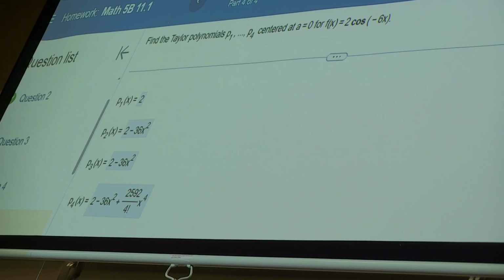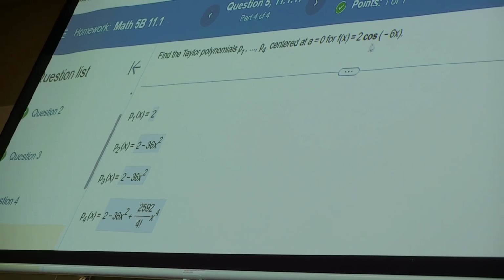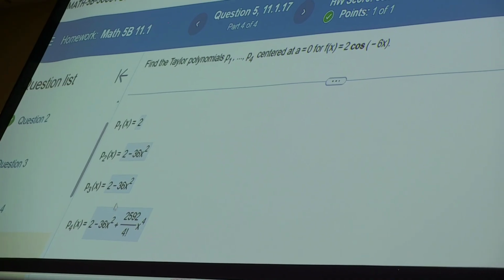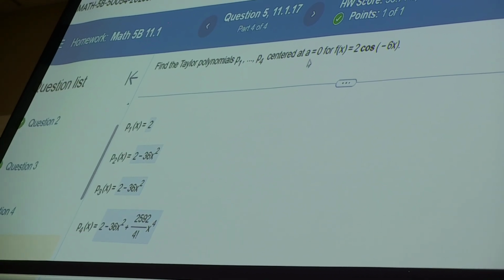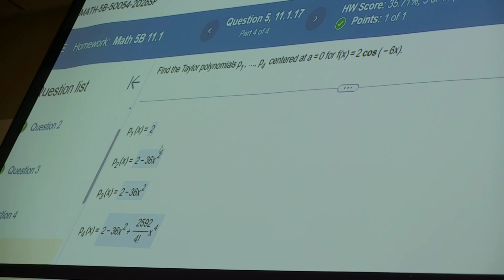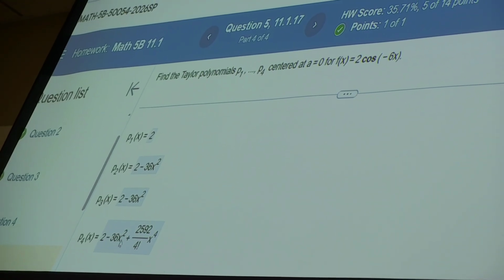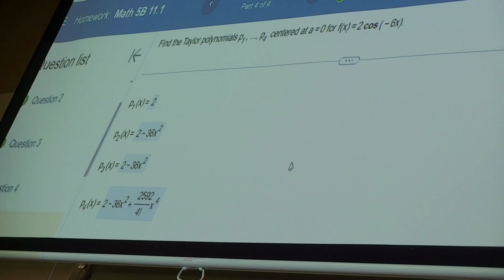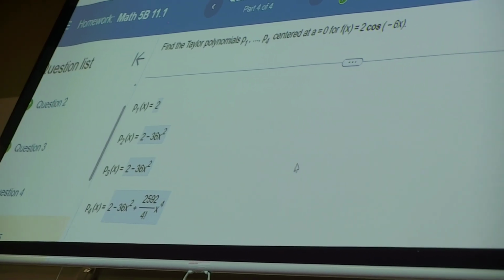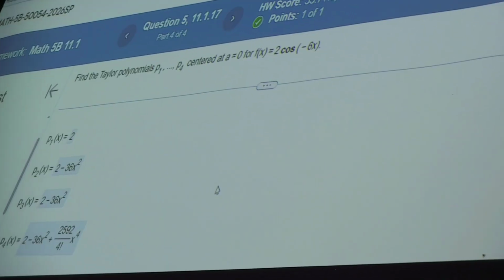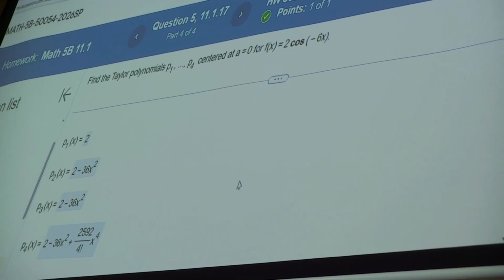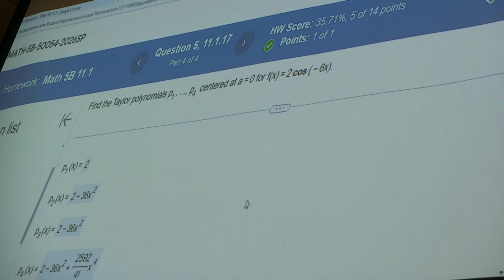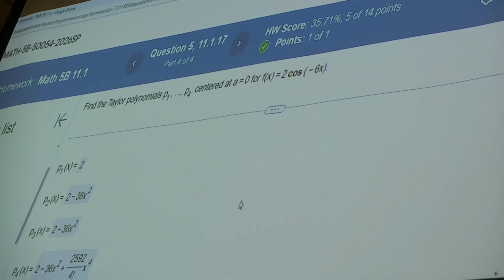And we could graph the original function f of x equals 2 cosine negative 6x, graph each one of these and see how they are approximations at a equals 0, and they would get better and better and better as we go down. But we won't take time to do it. You guys all right with that? Any questions? What we're doing here is foundational for future sections coming up. So any questions?